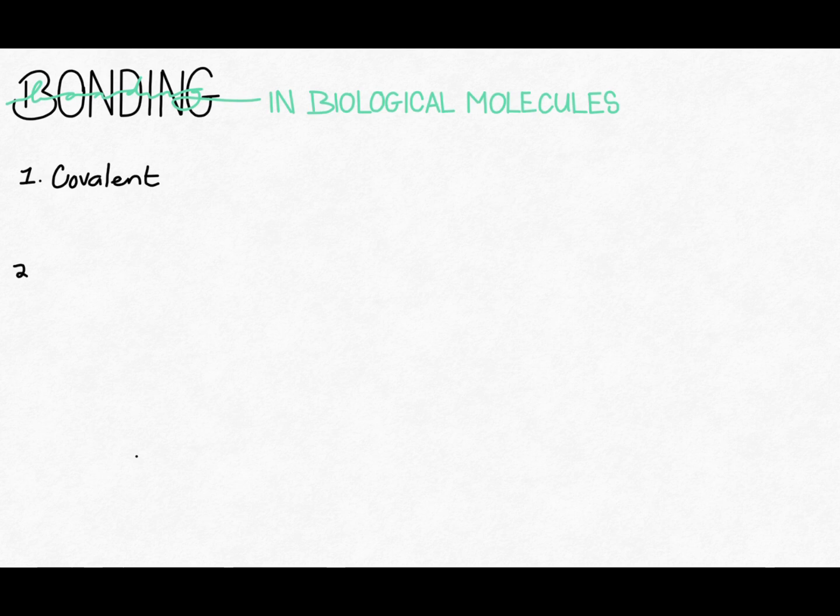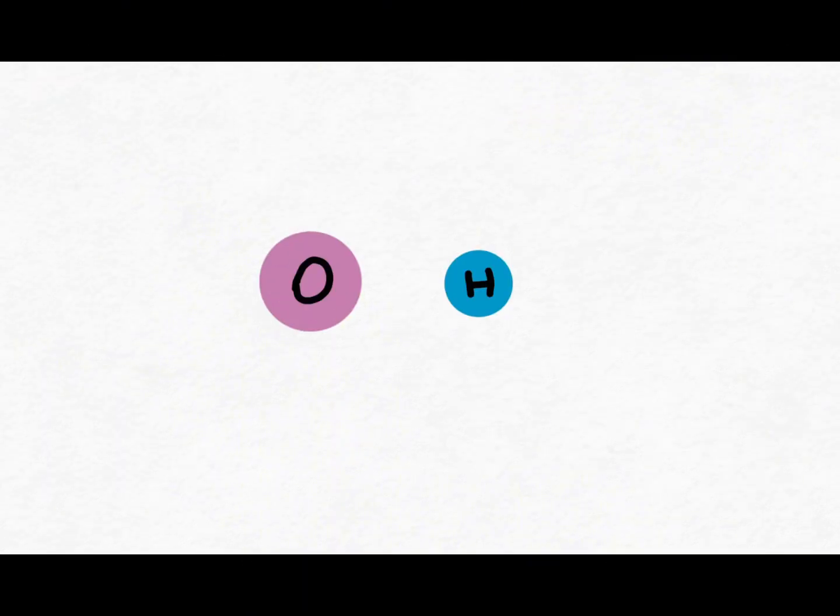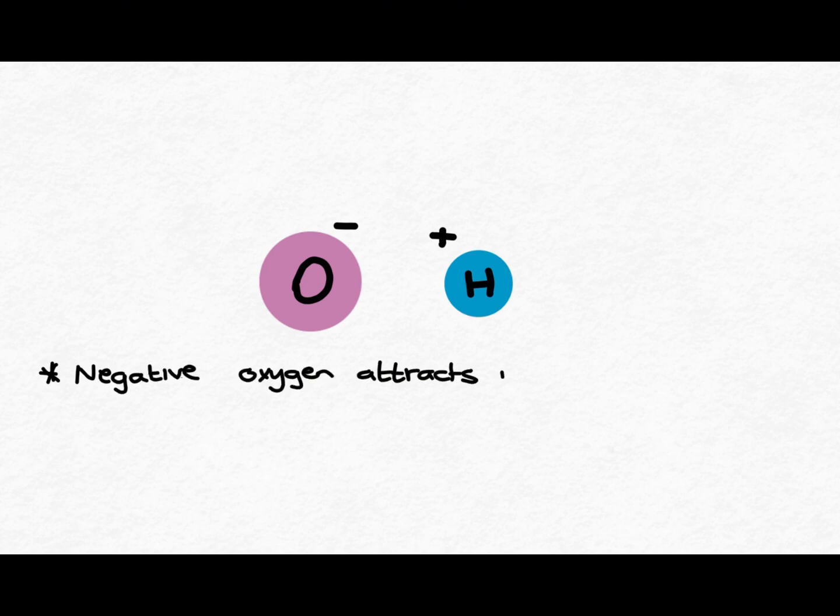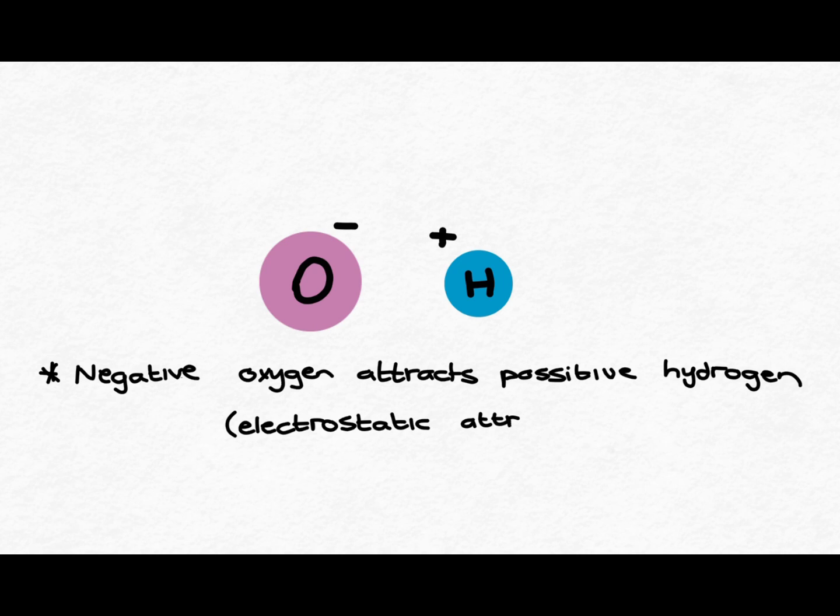The next type of bond we're going to have a look at is hydrogen bonding. Hydrogen bonding occurs in several molecules between a negatively charged oxygen and a positively charged hydrogen. The negatively charged oxygen will attract the positively charged hydrogen, and this will create an electrostatic force of attraction between them, keeping the atoms together.